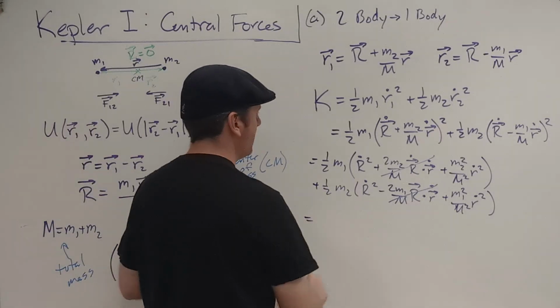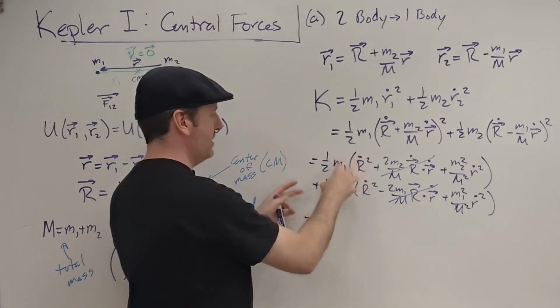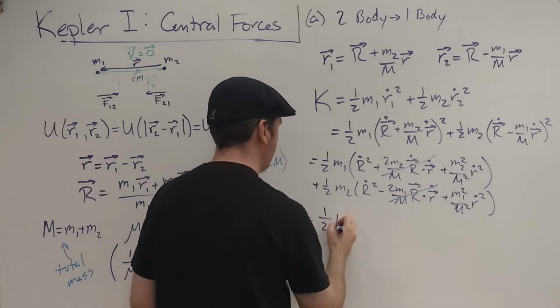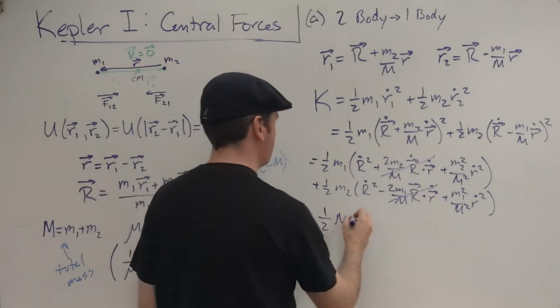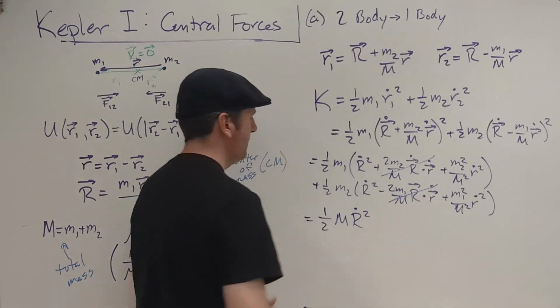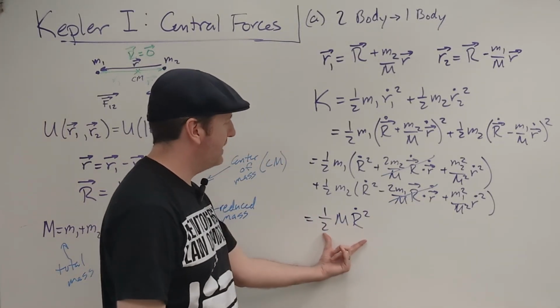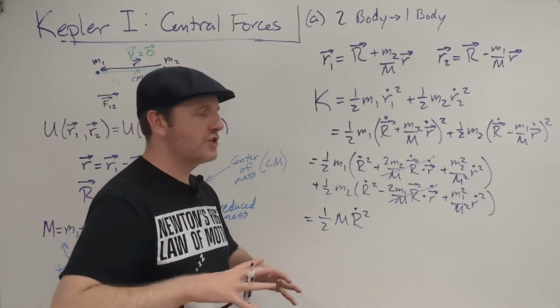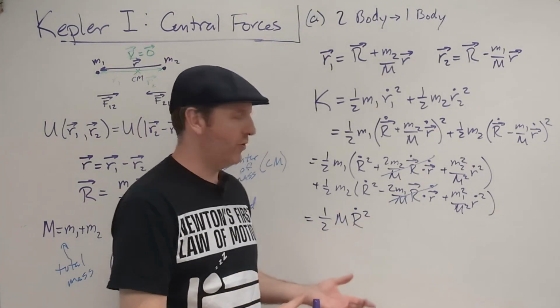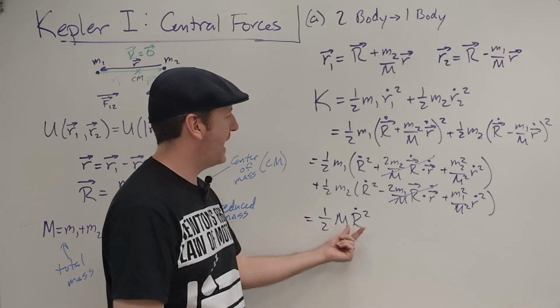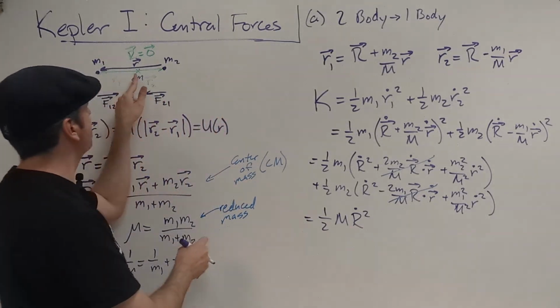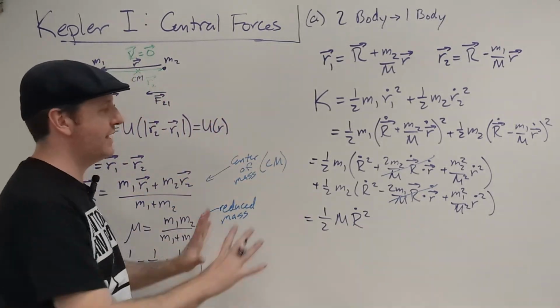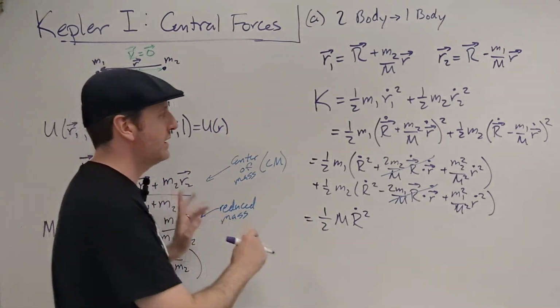That's kind of nice. The m1 plus the m2 out here, I'll just group that into a capital M, because that's the total mass of the system. So this first term is basically the kinetic energy of the center of mass. It's the motion of the center of mass as a whole, the total mass of the system, and where this center of mass is moving through space. So that's been decoupled.